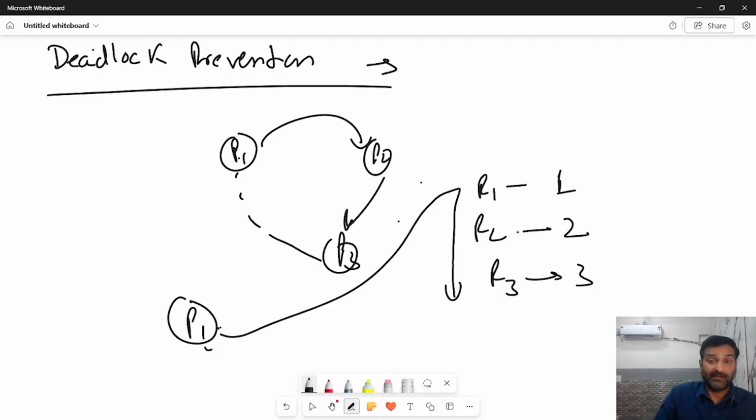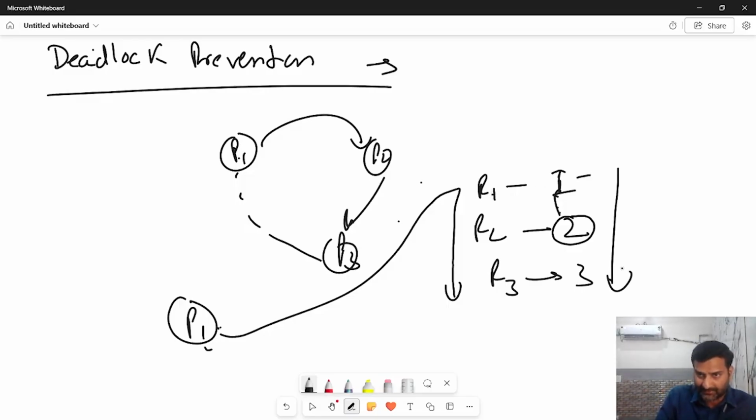It could not be the situation that P1 has been provided resource R2 and later on demands resource R1. This is not allowed. Providing resources in increasing order of priority means P1 first demands R1, which has priority number 1.